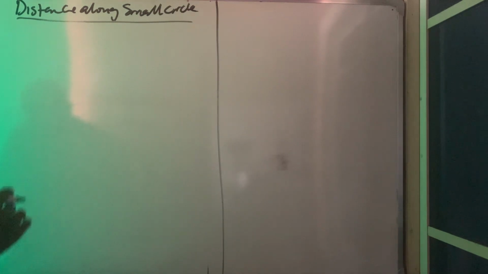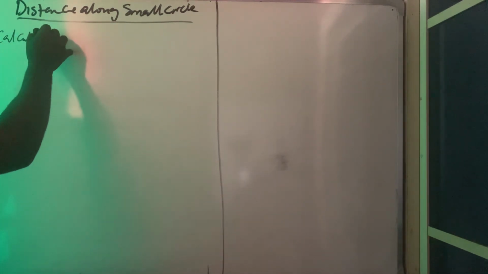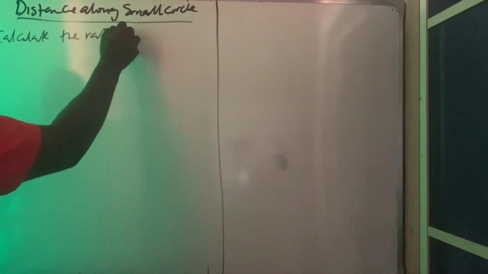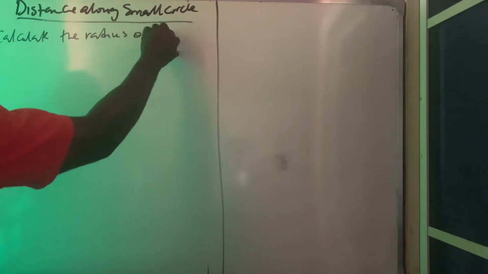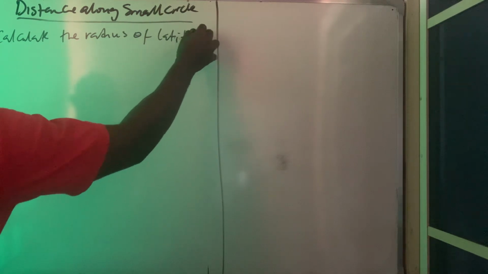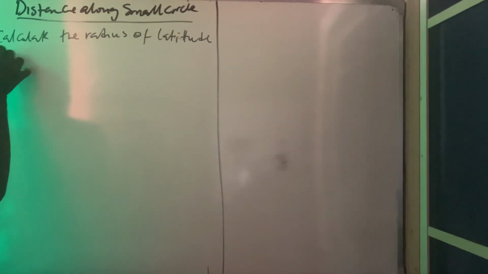Now, the first question says calculate the radius of latitude 75 degrees north.